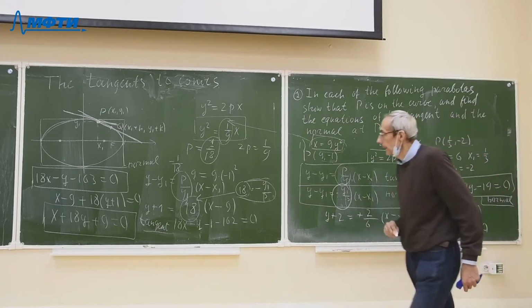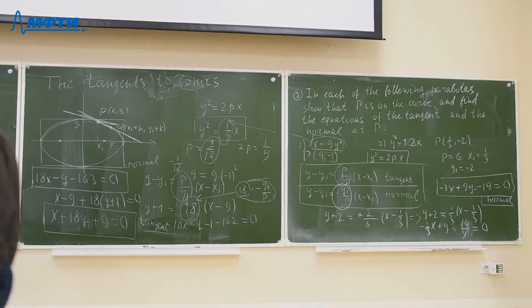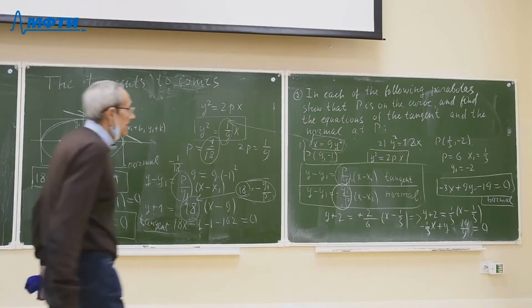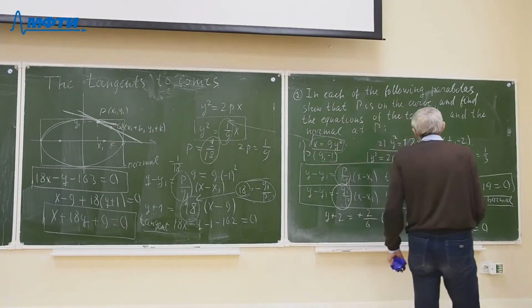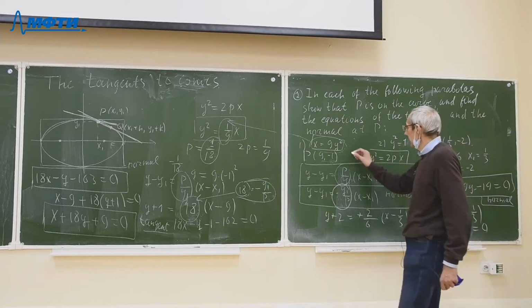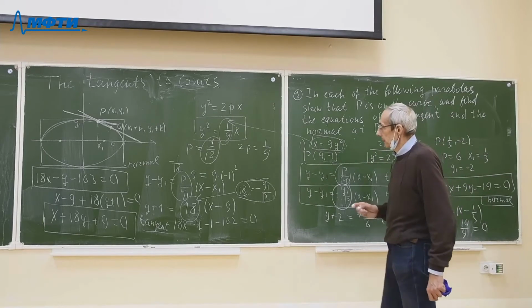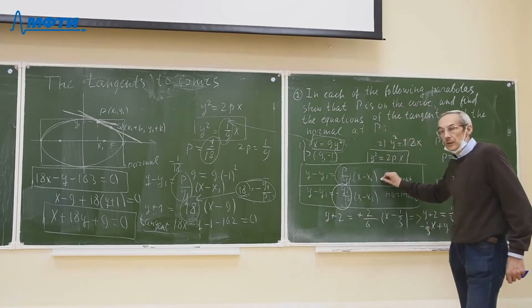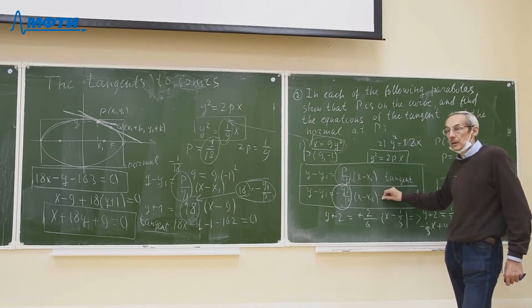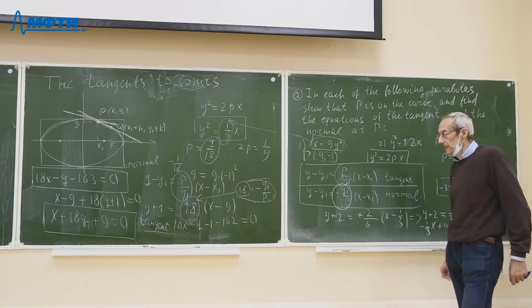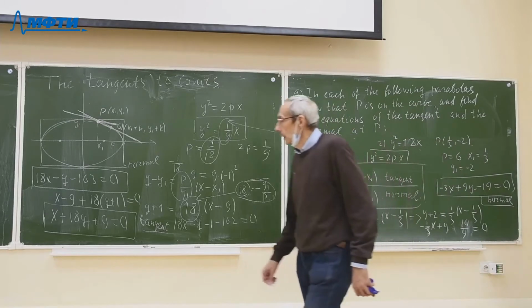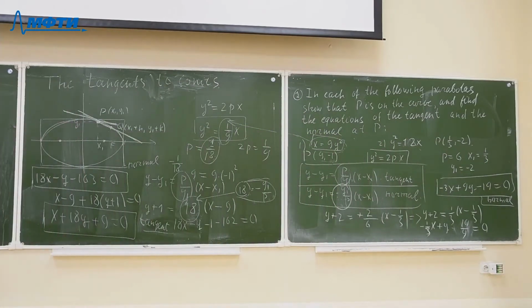For this case. Any question to understand the solution? It is very, very simple task. We substitute the values of a given parameter in the equation of the tangent and normal line. And let's consider the equation of tangent for the ellipse.